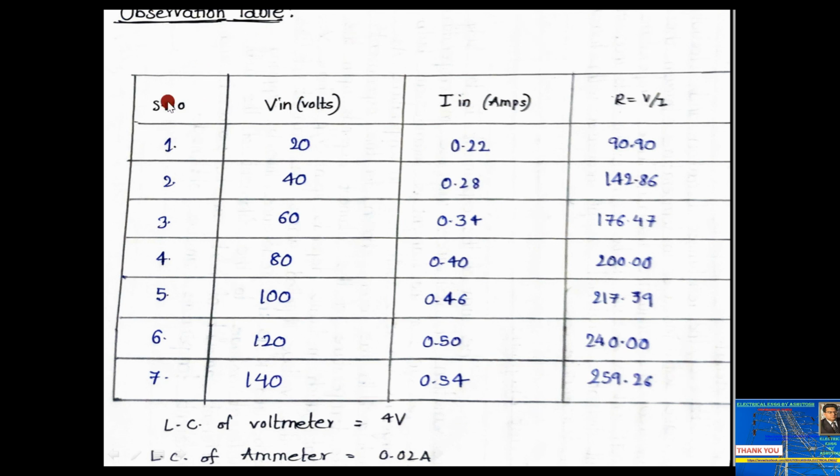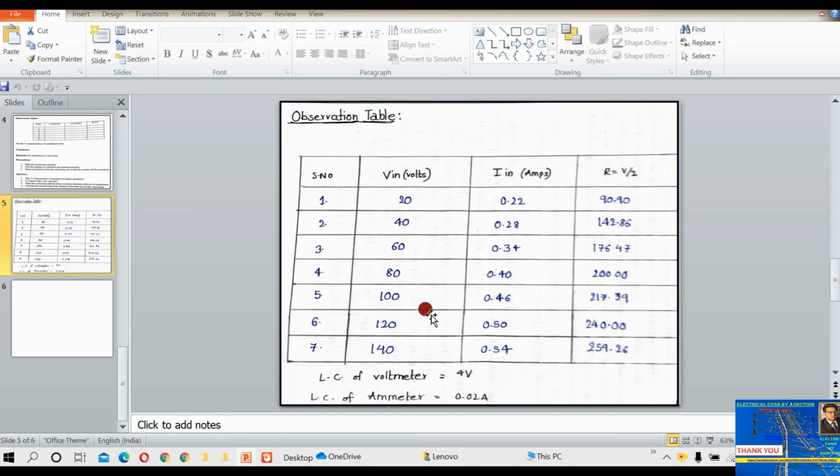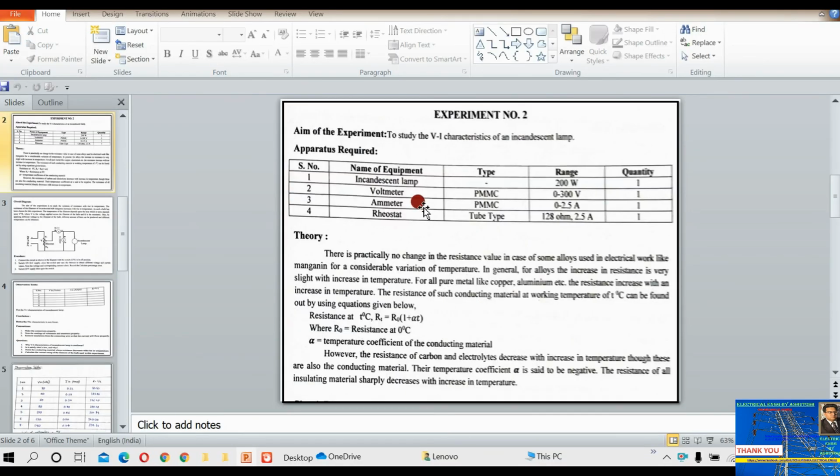Take these sets of readings and draw it for yourself, so that you are able to say, sir, we have drawn the VI characteristics and this is non-linear. Ideally we talk about it being linear, but in practice it is not linear. So this is how we perform VI characteristics of an incandescent lamp.